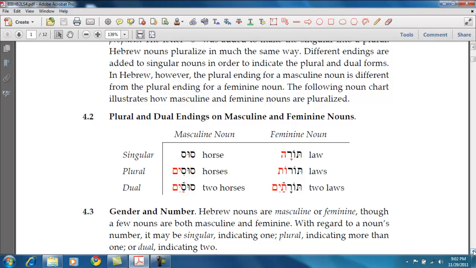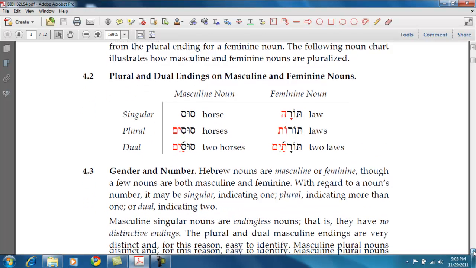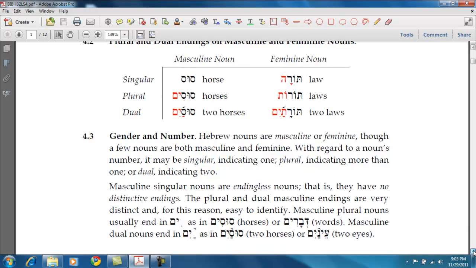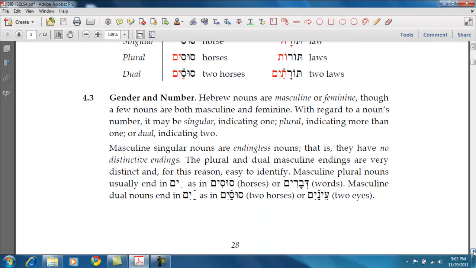Now we've learned also that Hebrew nouns are masculine or feminine, though a few nouns are both masculine and feminine. With regard to number, a noun may be singular, indicating one, plural, indicating more than one, or dual, indicating two. Masculine nouns are endingless nouns, like I said, with no distinctive endings.